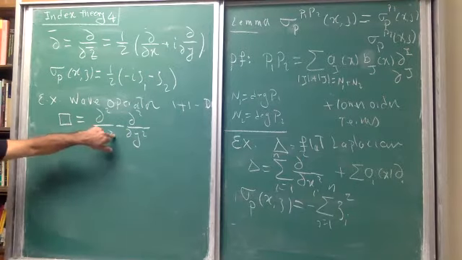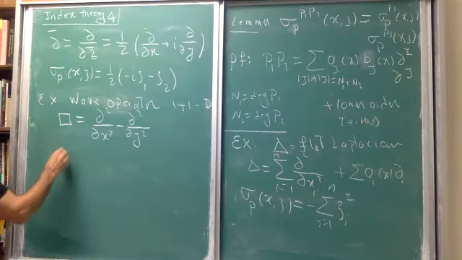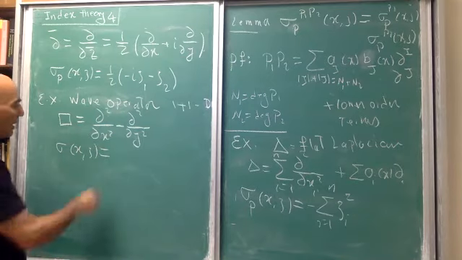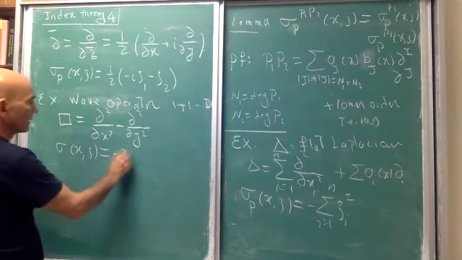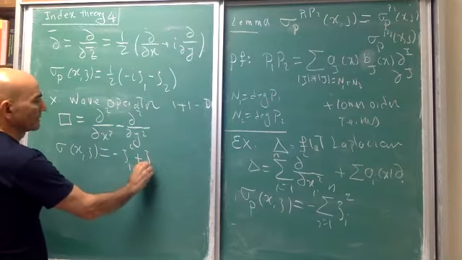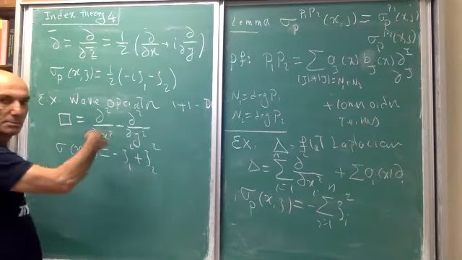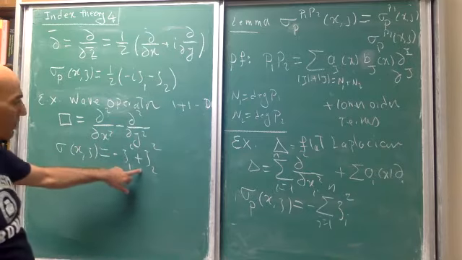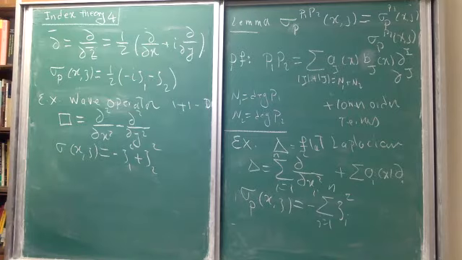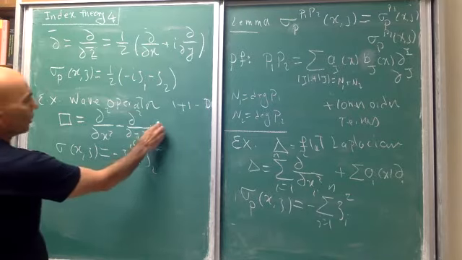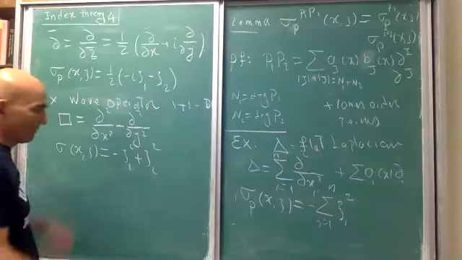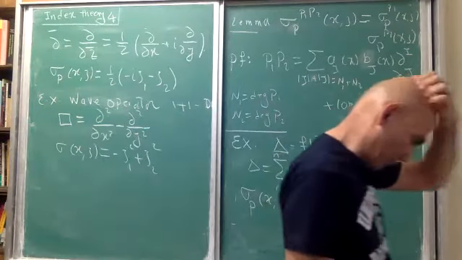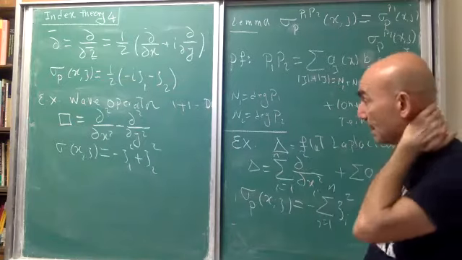The difference now here. So what is the symbol of this guy? Well, that's minus ξ1 squared plus ξ2 squared. See? We calculate the symbol like that. Of course, if you have lower order terms, again, you can have similar thing. But right now, maybe it doesn't matter much. We should just look at this now.